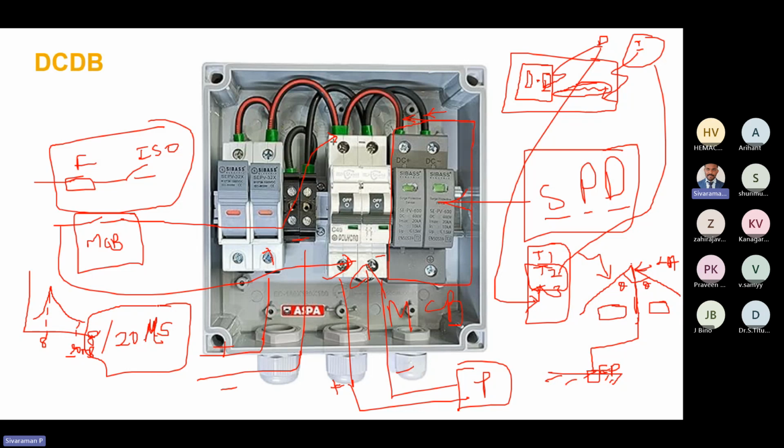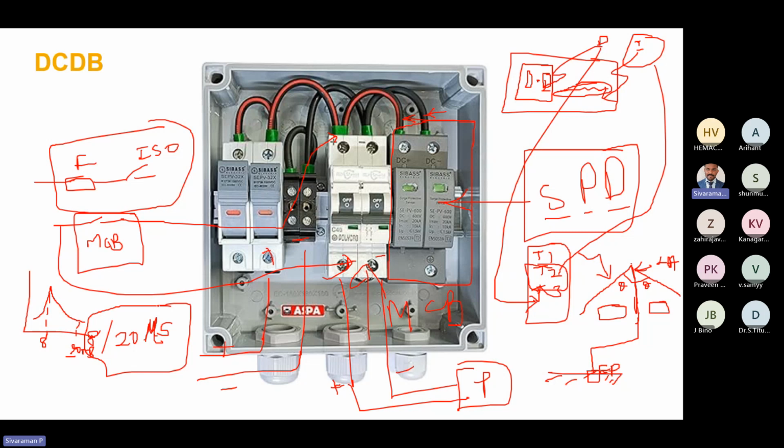So based on the wattage of the panel and rating of the inverter for one MPPT system, or when the number of MPPT system is 2 or 3, each MPPT has a uniform rating.